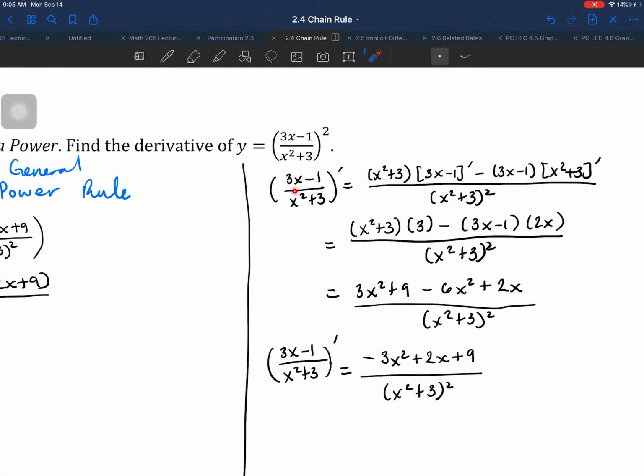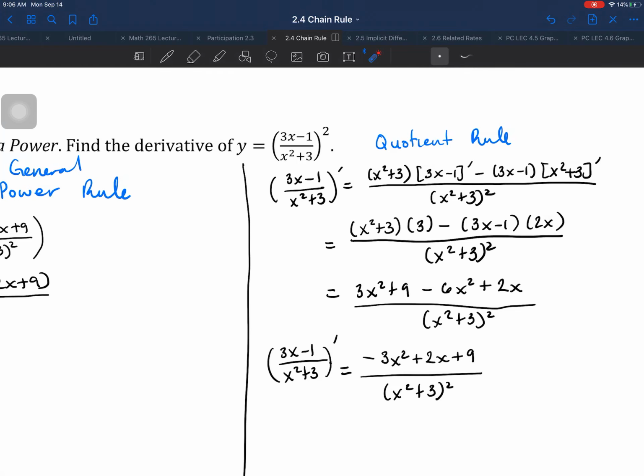So the derivative of this becomes a different rule, right? In this case, we have to use quotient rule, right? So in the bigger picture, we started with general power rule, but within some of the layers of the function, we have to use other rules, in this case quotient rule. So let's go ahead and do that.